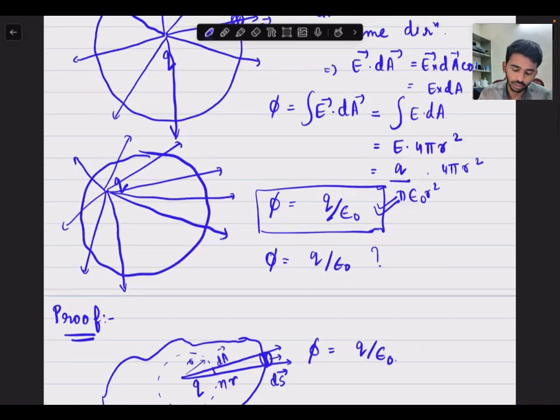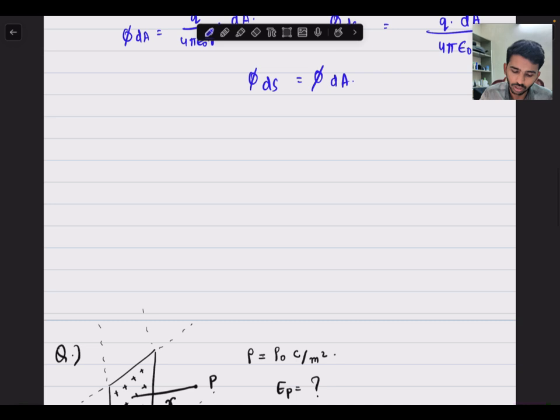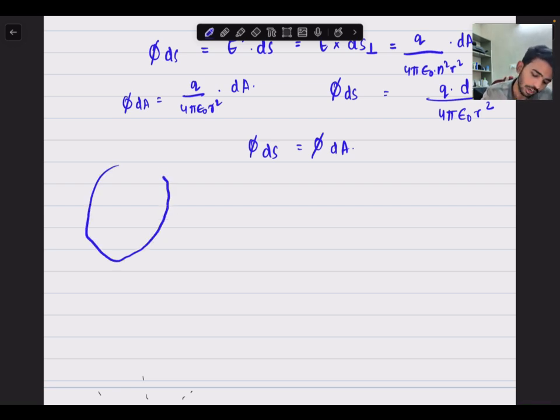So what I'm trying to say is both fluxes would be equal, and we know that the flux passing through that spherical surface is nothing but q by epsilon naught, as we have already calculated in this case. So from this we can say that the flux passing through the random surface would also be equal to q by epsilon naught. So hence this Gauss law is proved.